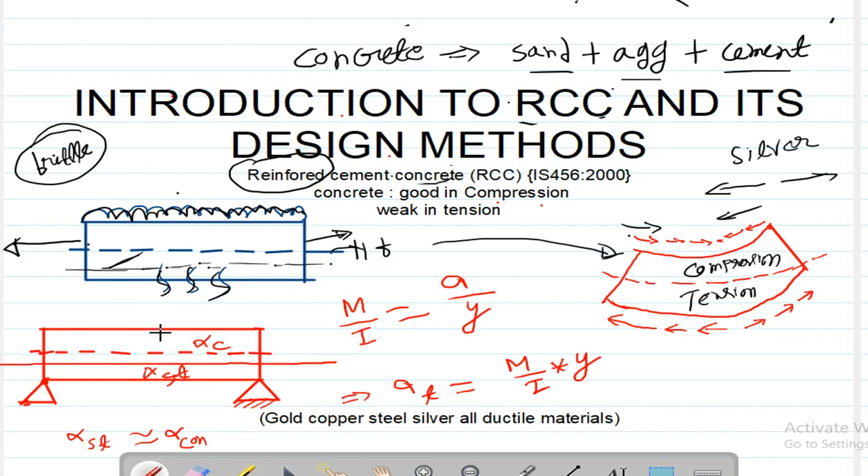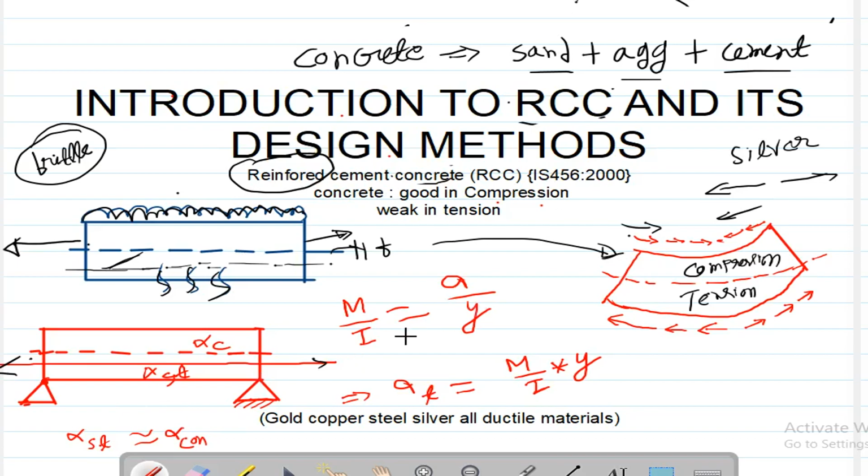So to overcome the tension force, we additionally put some ductile material like silver, gold, copper, or steel, and that particular wire is nothing but reinforcement.